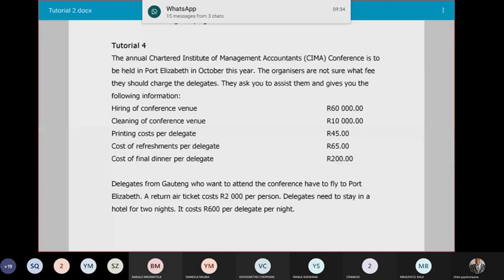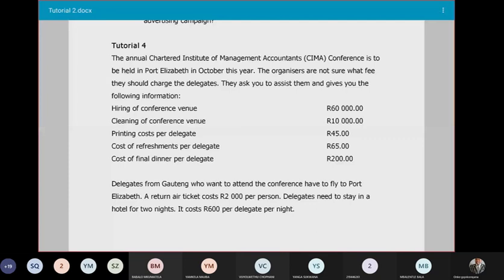Where it says the annual Chartered Institute of Management Accountants, which is CIMA conference, is to be held in Port Elizabeth in October this year. I think this is your 7.4 in your textbook. The organizers are not sure what fee they should charge the delegates.